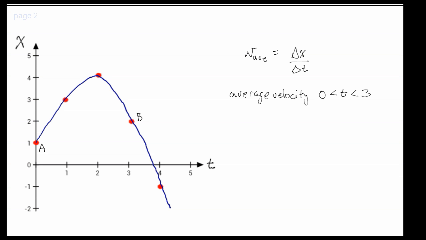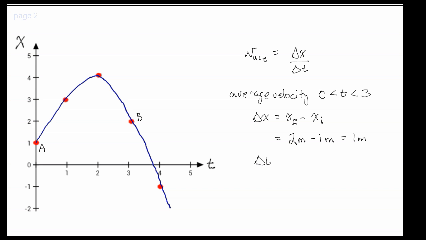So delta x is our change in position, our final position minus our initial position. From the graph you can read the final position at B is 2 meters, and our initial position is where we started, which is 1 meter. So we get 2 meters minus 1 meter, which equals 1 meter.